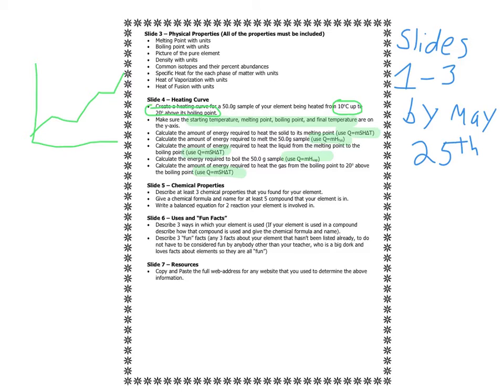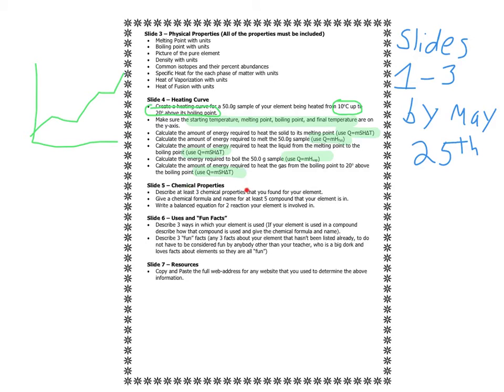And then you're going to give the chemical formula and name for 5 compounds that you can find your element in. So if you had oxygen, you could use carbon dioxide, carbon monoxide, and water as 3 of the 5 compounds. None of you have oxygen, but it's just an example.